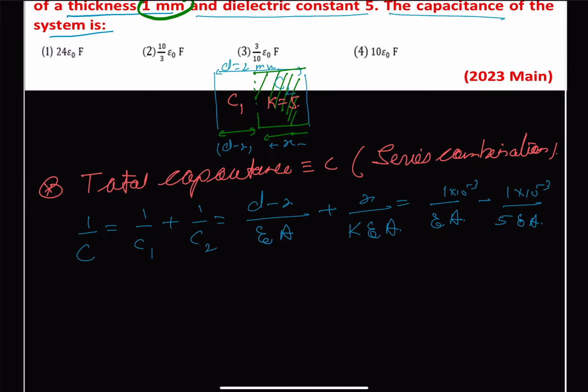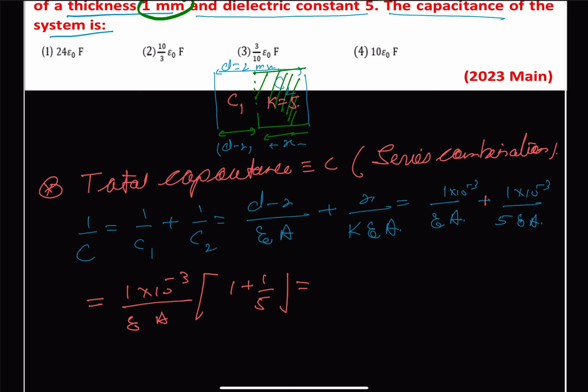We can just take the factor as common, which gives us, sorry, this is not minus but plus, 1 into 10 to the power minus 3 divided by epsilon a, and we are having 1 plus 1 by 5, and this comes as 6 by 5.